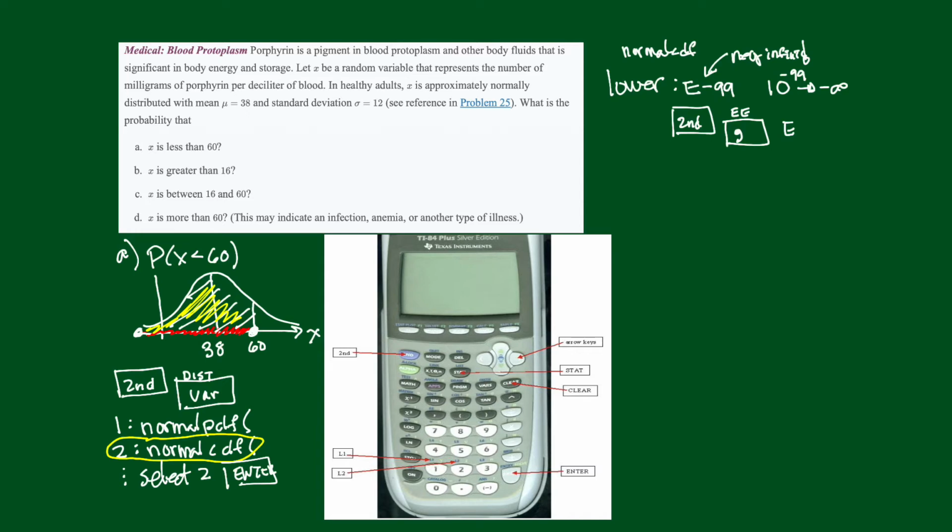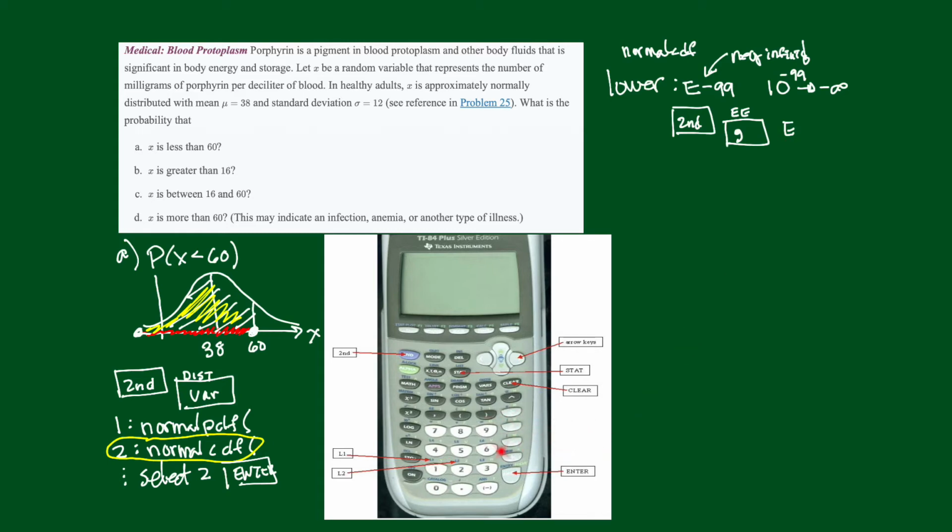Now, you need negative 99. So let's run through this again. How do you get that E? You press second, and then above the comma it says EE. And then that single E comes out on your calculator. Now you get negative 99, so you need the negative key. Be careful, it's not minus.